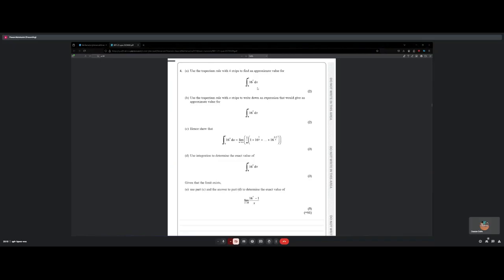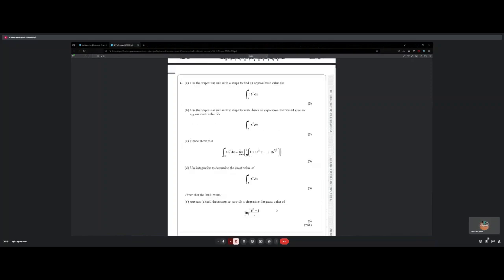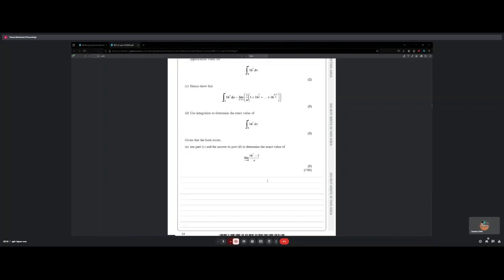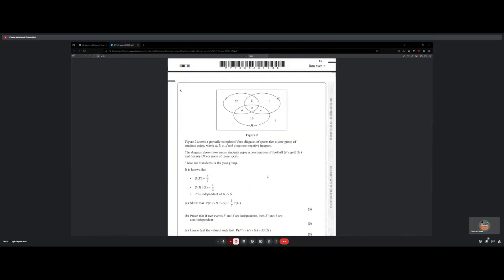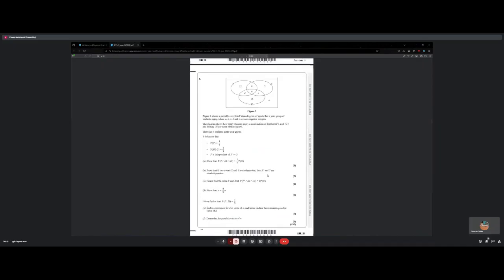But if you can look at the mark scheme and appreciate the way in which they want you to think, that will do a lot for your confidence going into the A-level maths exam. Because imagine you're able to actually do some of these questions and fully get the marks. Imagine how you're going to see your A-level maths exam. It's going to be a piece of cake. So sometimes it's really good to expose yourself to really, really difficult questions. Good one on a probability Venn diagram as well.